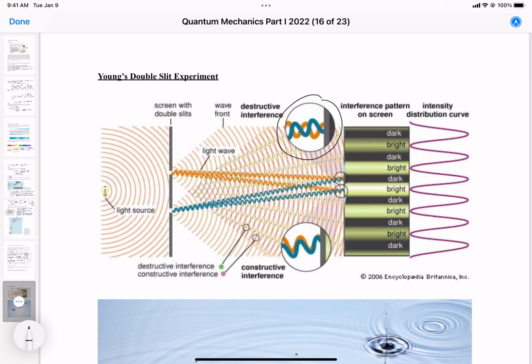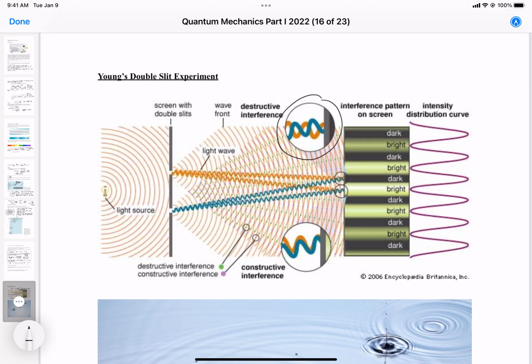So every apex is going to have a corresponding trough of the other wave. They're superimposed like a mirror image of each other. And that's called destructive interference, when the signs of the waves are opposite, so they cancel each other out.